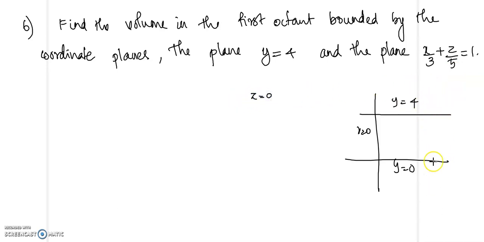So when we take the xy plane, on the xy plane z is equal to 0. So z equal to 0 will give x by 3 equal to 1. That is, our plane x by 3 plus z by 5 equal to 1 will be a plane above the xy plane, and it will be above and below the xy plane.